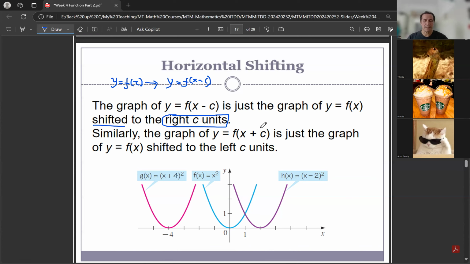But if we replace x by x plus c, y = f(x + c), the graph will be shifted to the left by c units.